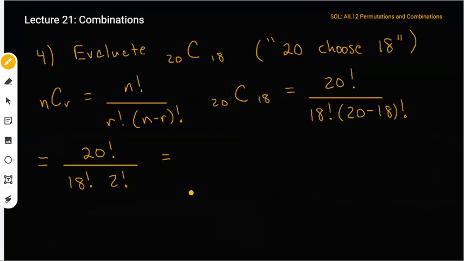So what I can do now is I can expand the top out as much as I need to. 20 factorial is going to be equal to 20 times 19 times 18, and I'm going to stop it right there and put the factorial symbol, because this 18 factorial at the top is actually going to cancel out with the 18 factorial in the denominator.